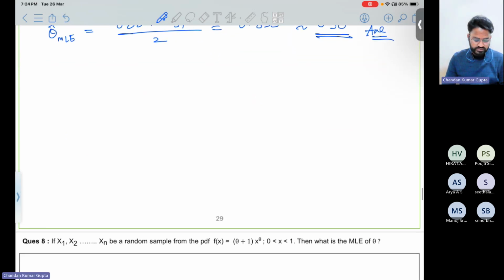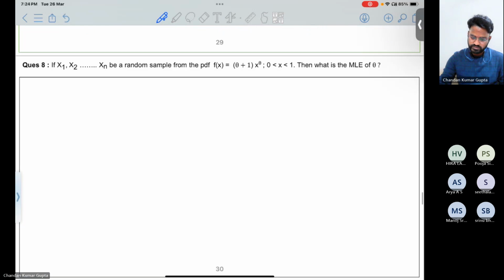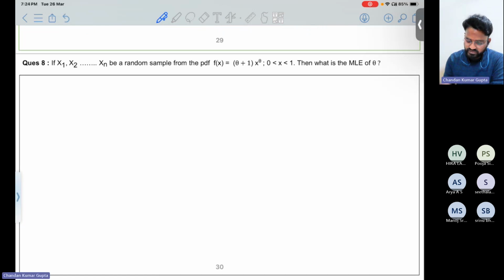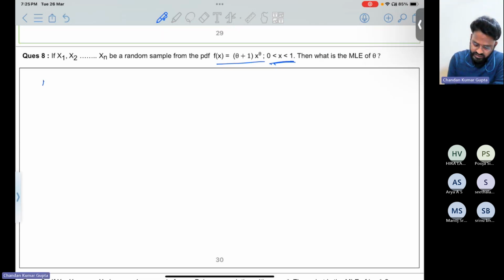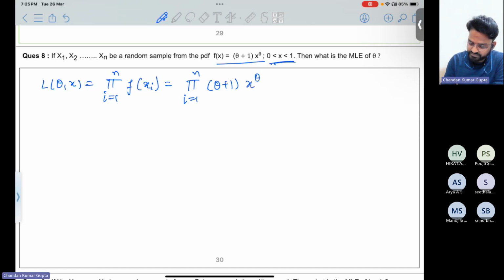So the next question will be: if x1, x2 up to xn is a random sample from the given PDF, then what is the MLE of theta? Here the support is independent of the parameter, so we can use the usual method. The likelihood function will be the product from i equals 1 to n of f of xi, that is the product of (theta plus 1) times xi to the power theta.